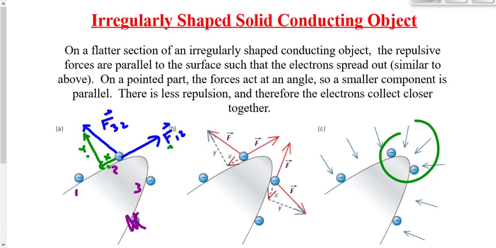Yeah, there's a higher concentration of electrons in my finger because my finger is more pointy, right? You get a higher concentration of charge in pointy things than you do in flat or rounded things.